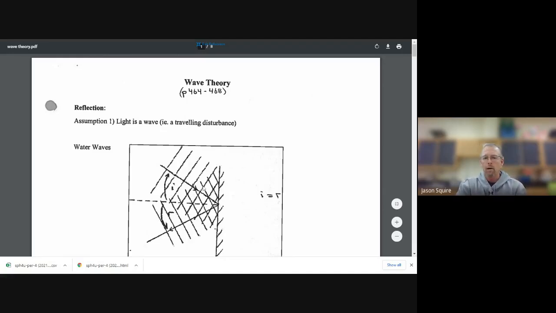Now I can draw a wave ray, which is put in so that we can measure our angles. An incident wave ray is drawn at 90 degrees to the incident wave fronts. And you can see, hey, the angle of incidence equals the angle of reflection.